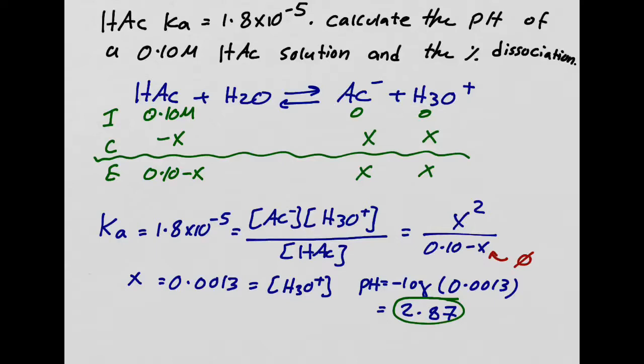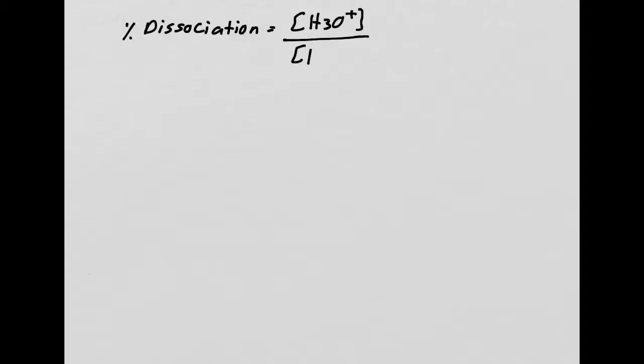All right, perfect. Now, percent dissociation. Basically, percent dissociation means how much of this broke up, because hydronium is what makes something acidic, right? So that really matters, how much broke up. Okay, now let's do that one together. So percent dissociation would be concentration of hydronium over concentration of acetic acid.